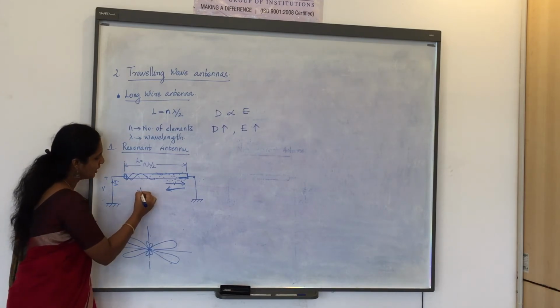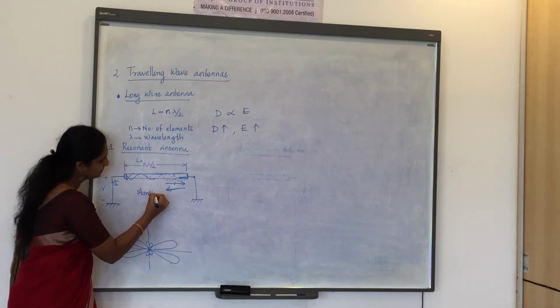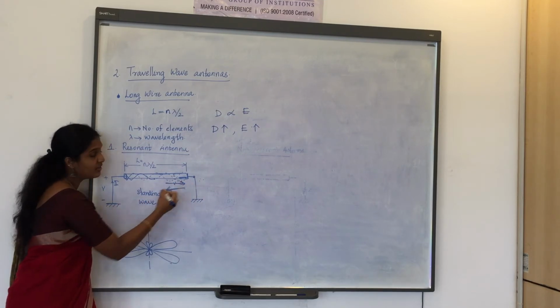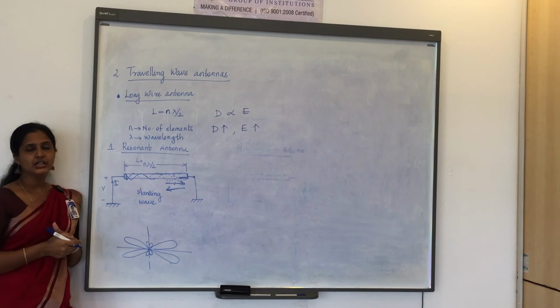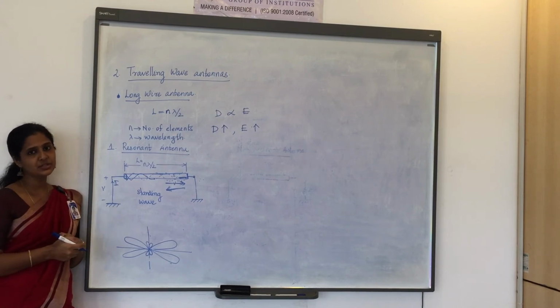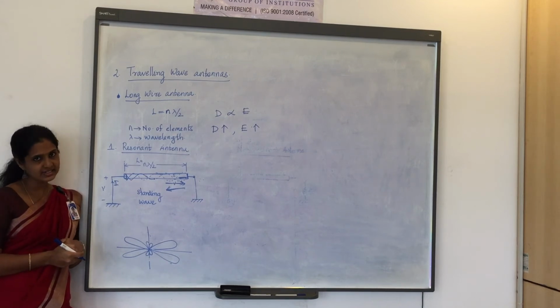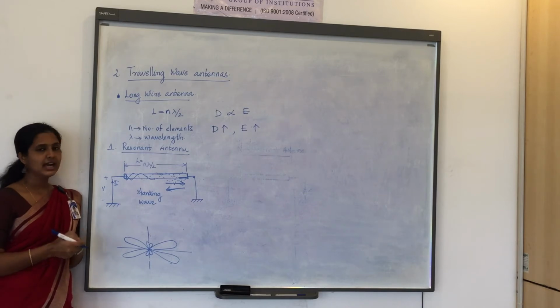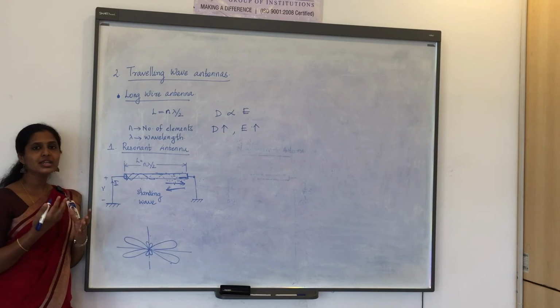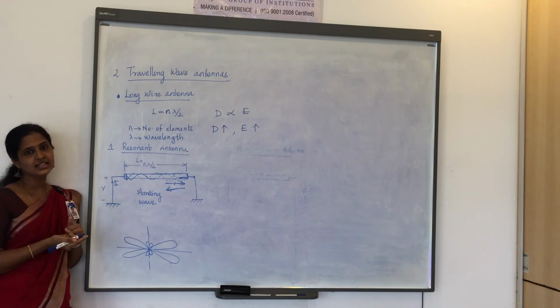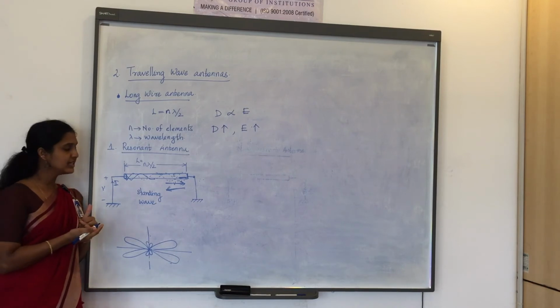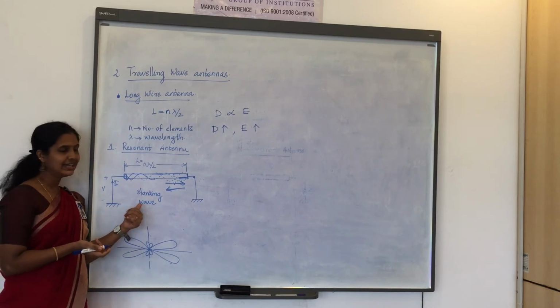That we already know as a standing wave. The incident wave and reflected wave arise due to the mismatch between the long wire and the impedance of the air. These waves constructively or destructively interfere with each other and produce a standing wave.